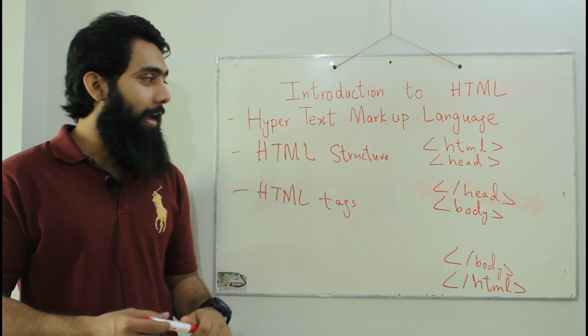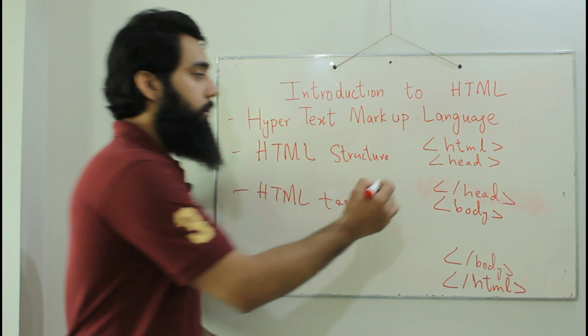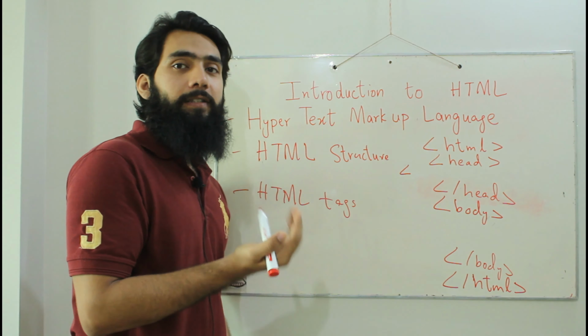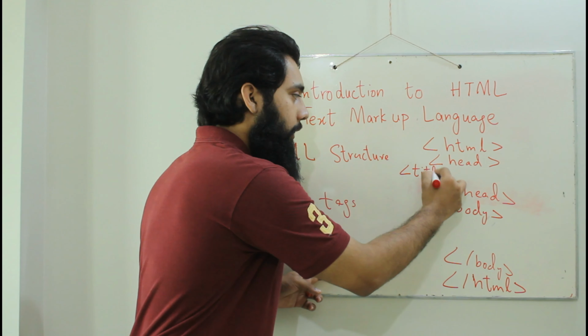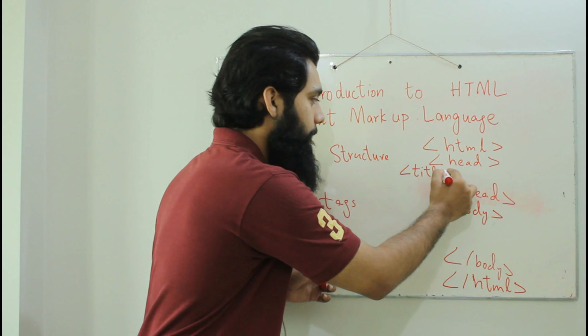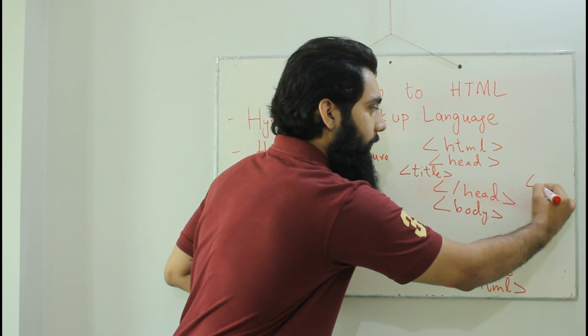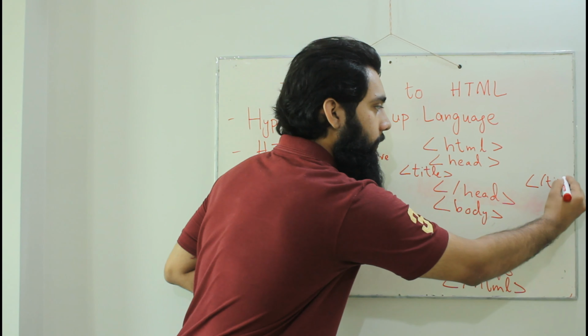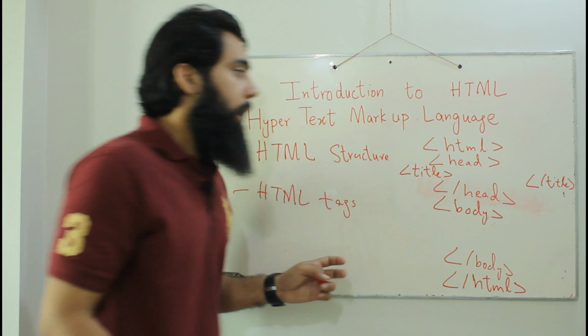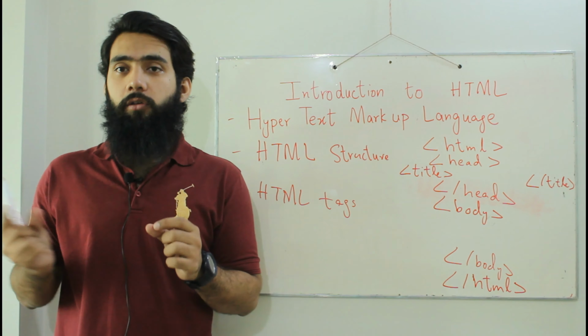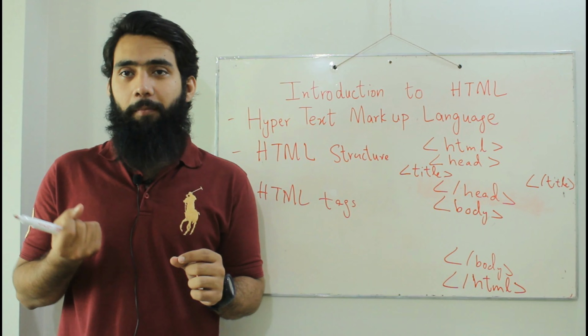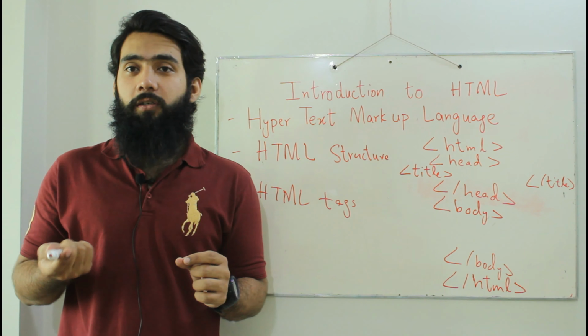After this head, I have another very important tag, that is the title tag. Title would always come in the head, like this. Okay, title is basically the main caption you see on the tab of the web browser for your web page.